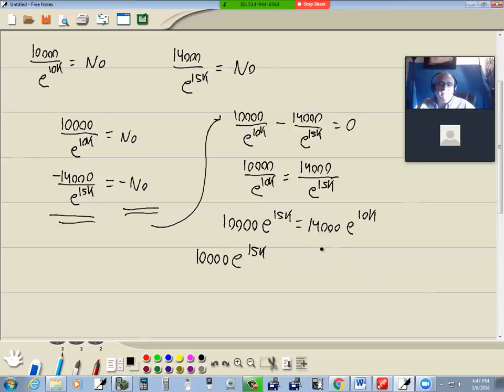And now that I think about it, when you have 10,000 e to the 15k minus 14,000 e to the 10k, can you use log properties to make it like log m plus n or log m minus n? That's what I did. I took natural log of both sides, like this.